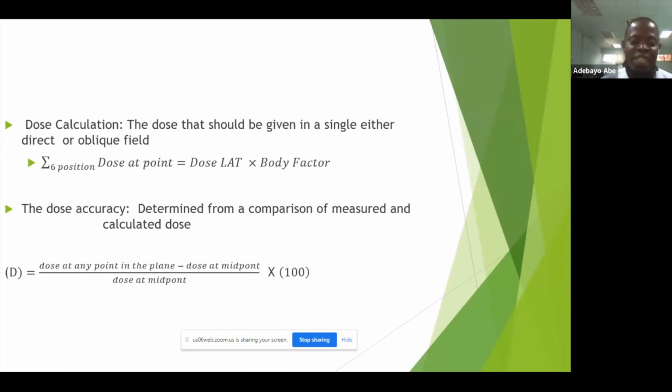The position of the patient must match with the one that you are delivering. And that's why the dose at any point is plain minus the dose at the midpoint, because the midpoint matches the upper field and lower field if you are using a dual field technique.